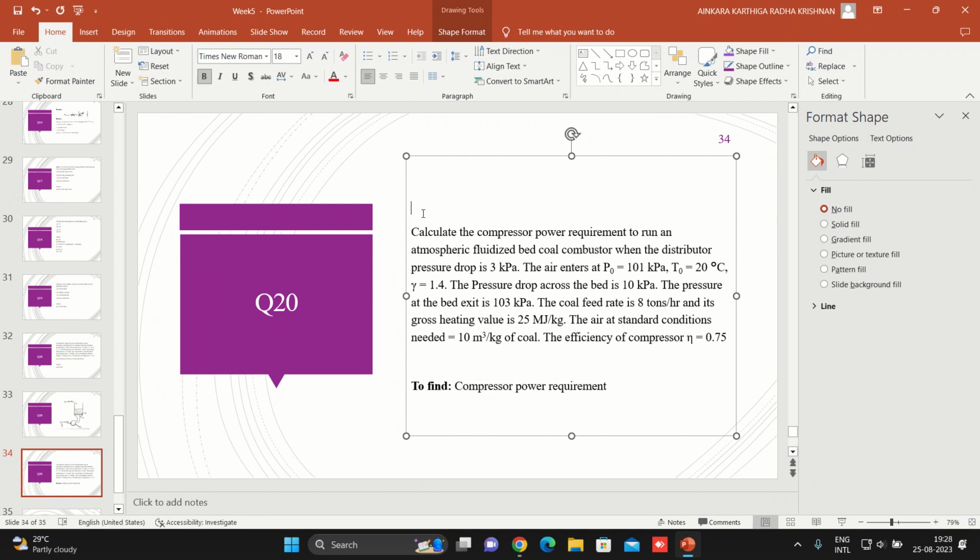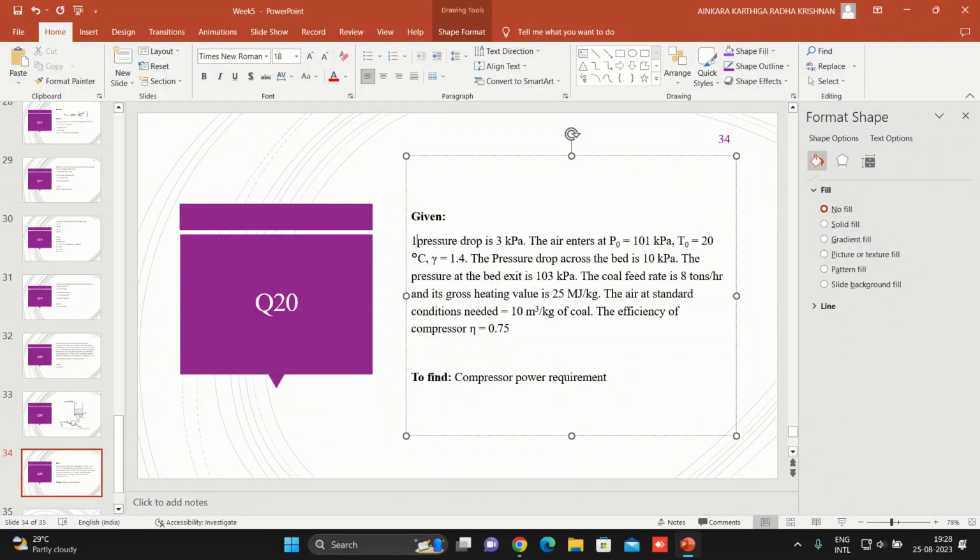What are all given? The distributor pressure drop is equal to 3 kilopascal.